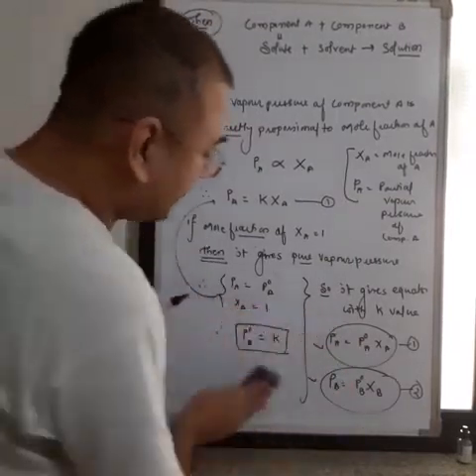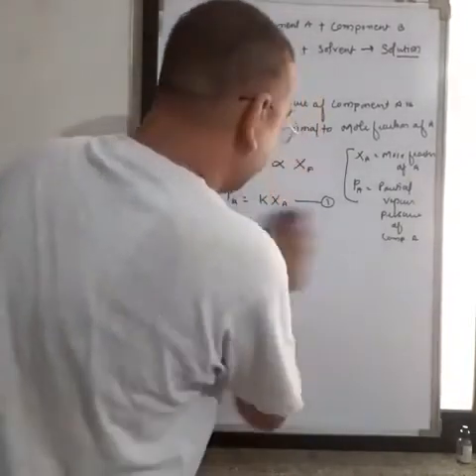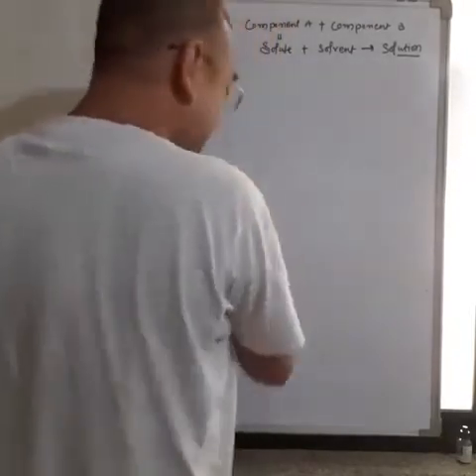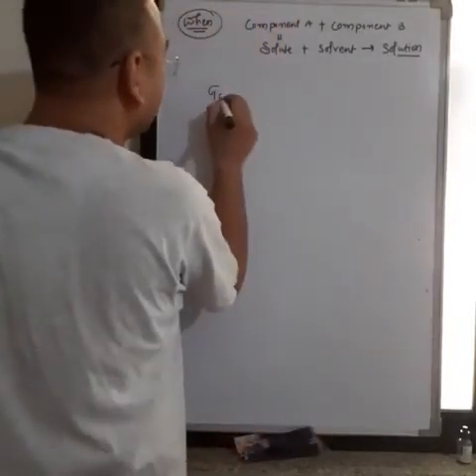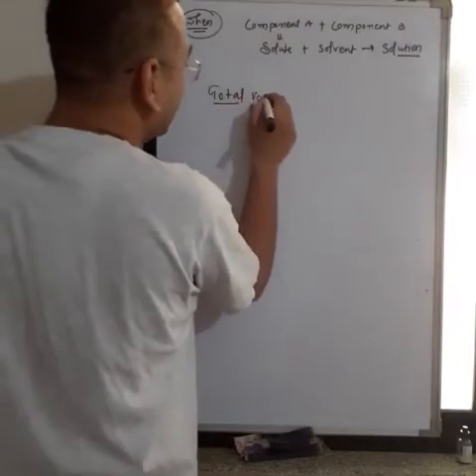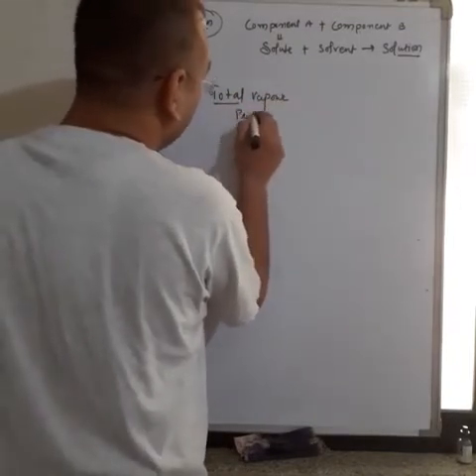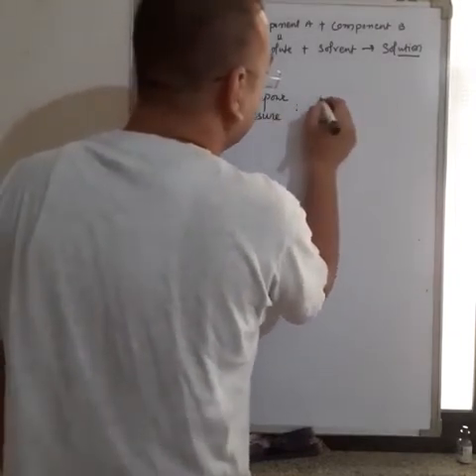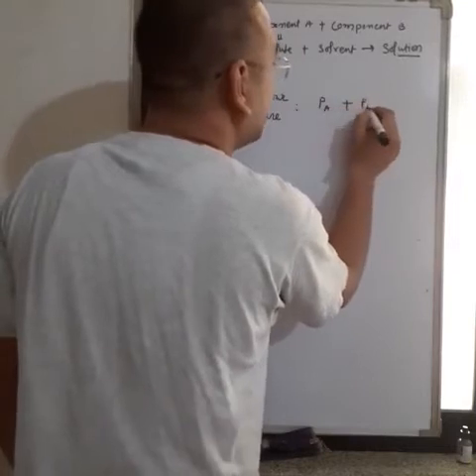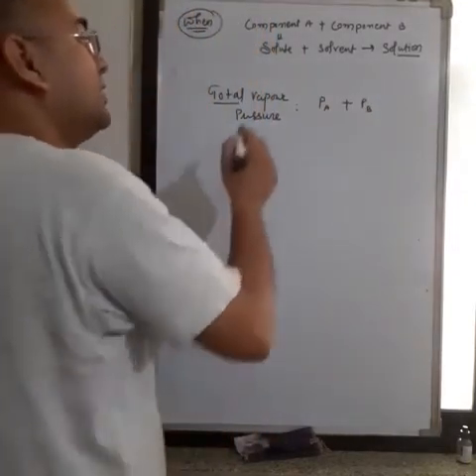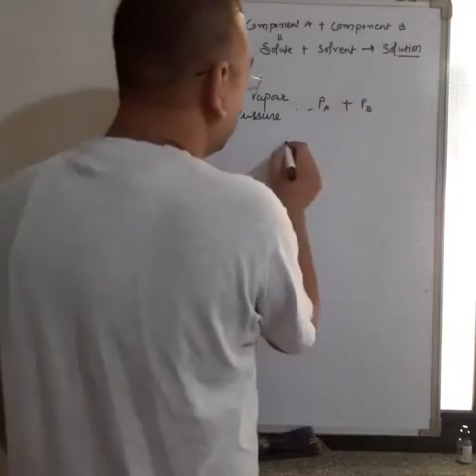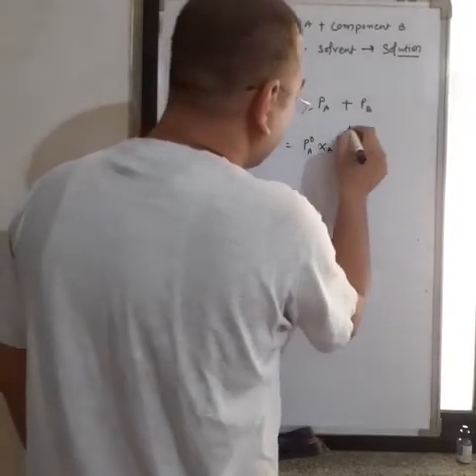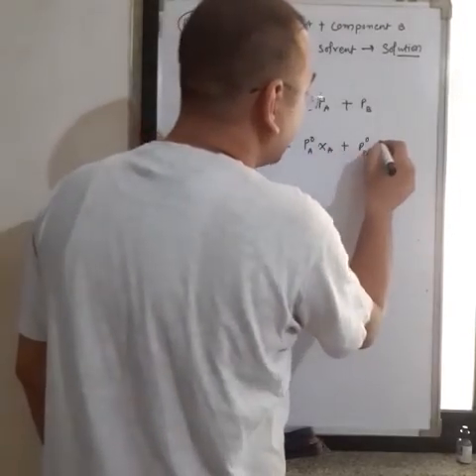So in this manner we are getting two different partial vapor pressures. So what is the total vapor pressure of the solution? Then we can say total vapor pressure is equal to PA plus PB, means the vapor pressure due to component A and component B. Here PT is equal to P naught A XA plus P naught B XB.